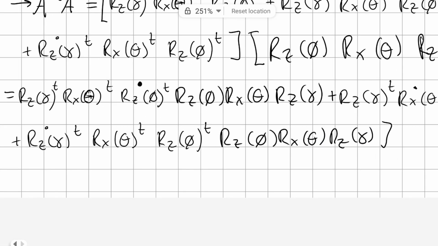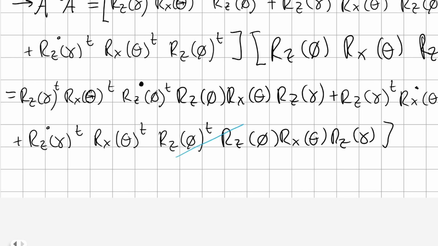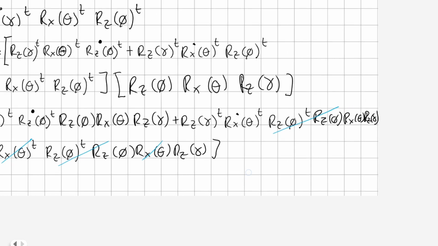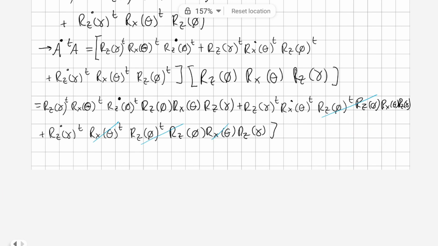Then here we have the same thing: the transpose of Rz times Rz, so we get the identity matrix here. And the same will happen when we multiply Rx with Rx, because we have the transpose here. So this one times this one is the identity matrix. The final result of all this is just going to be Rz transpose times Rz(gamma). Okay? And I think that's the only thing we can simplify.